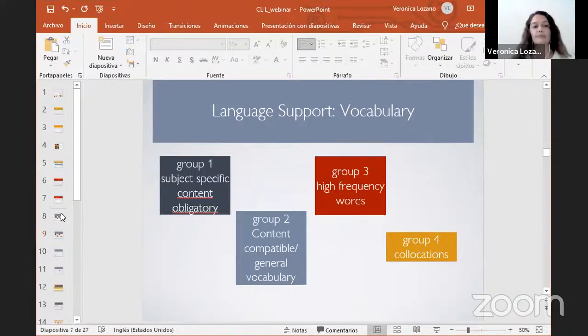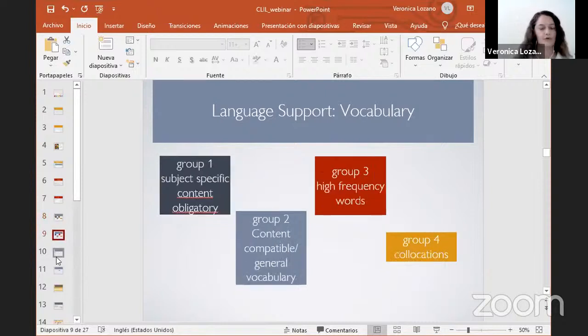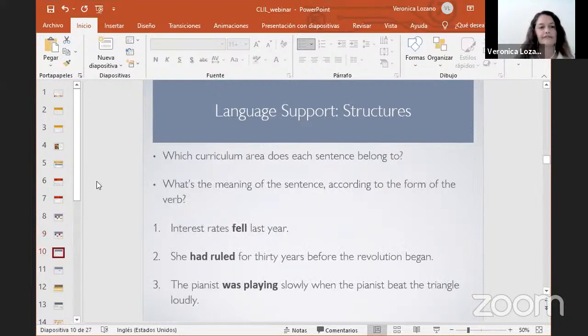There are some word combinations that you find often. You wouldn't say a good rise, you would say a sharp rise, and you wouldn't say a bad fall, you would say a dramatic fall. They belong together. Okay, good. So looking at words and different types of grouping words.